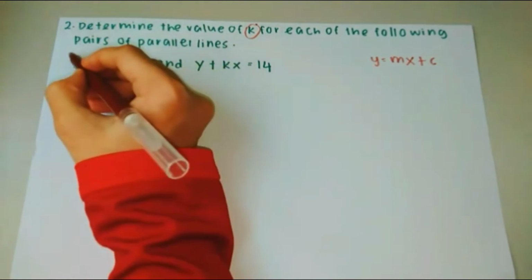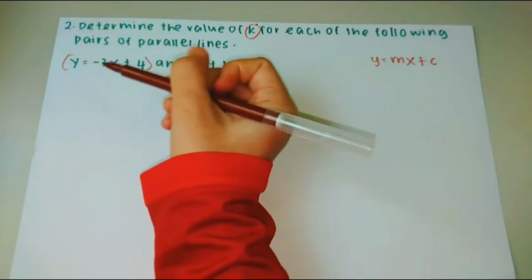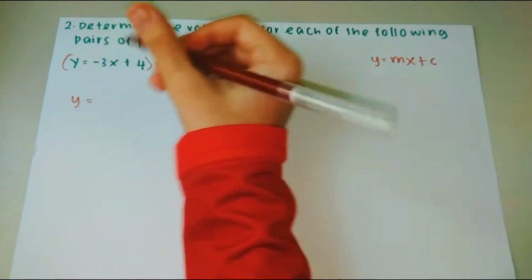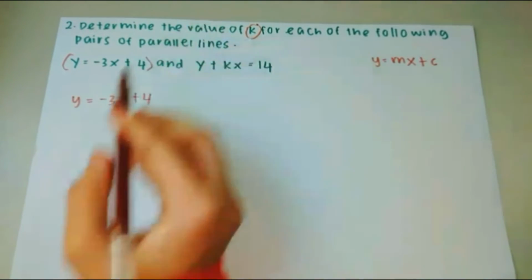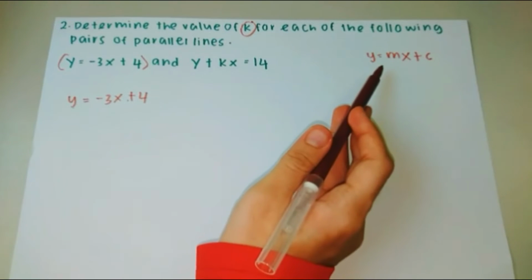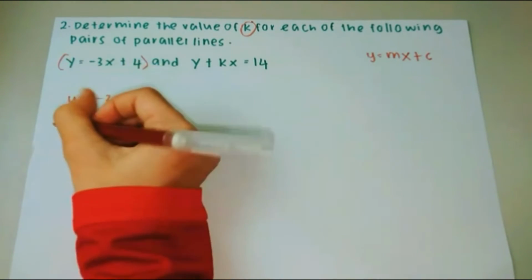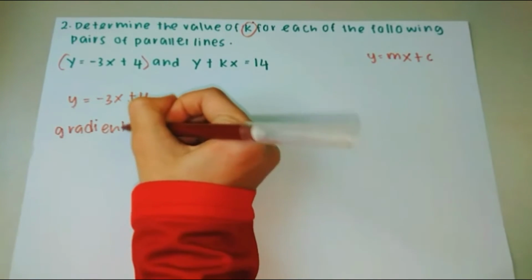We have to solve it one by one. The first equation is y equal to negative 3x plus 4. As you can see, this equation is the same as the formula. The gradient is negative 3.